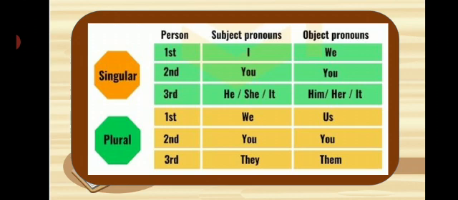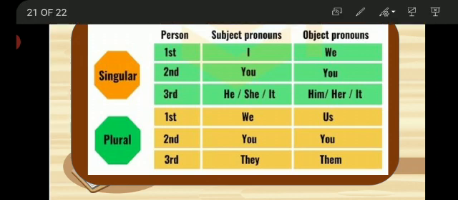Now here again, the subject pronouns and the object pronouns according to person. Yes, student, there are three types of person: first, second, and third person. So you have to look at this slide. You will get to know what the first person is: I and we. What is the second person? You is always considered the second person. He, she, it, him, her: all these are third person in the singular category.